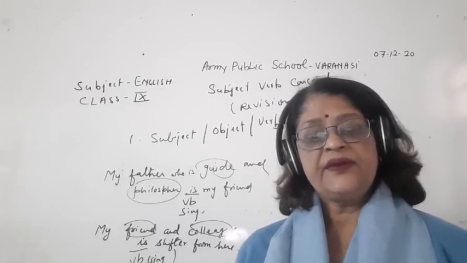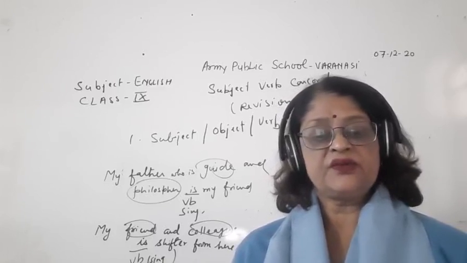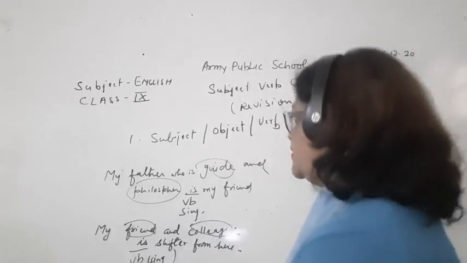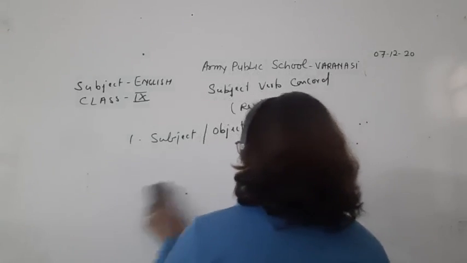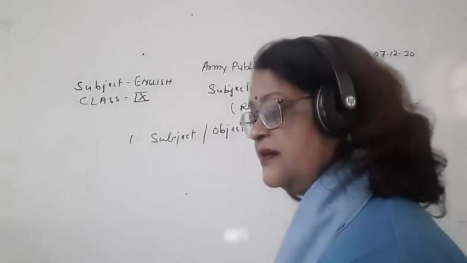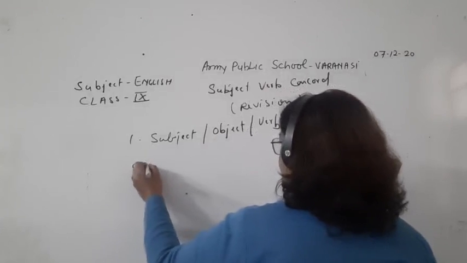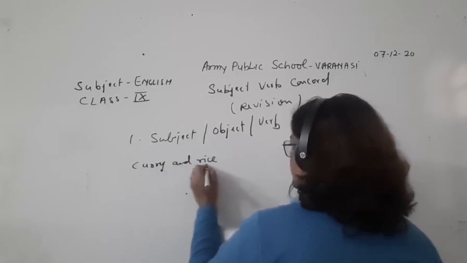Now children, when two or more nouns make one unit, the verb must be singular. When two nouns make one unit, then the verb must be singular. Like curry and rice, it is one unit.